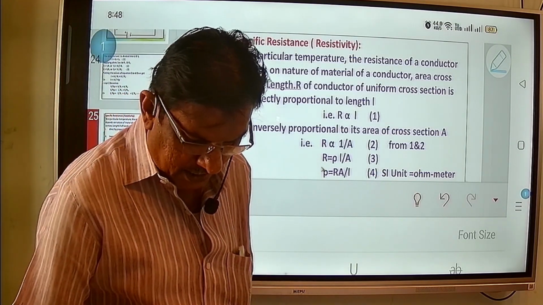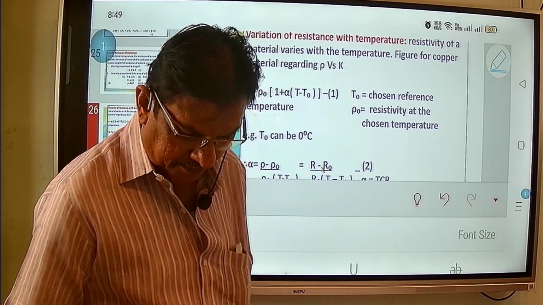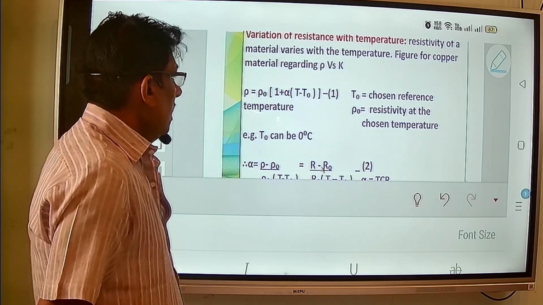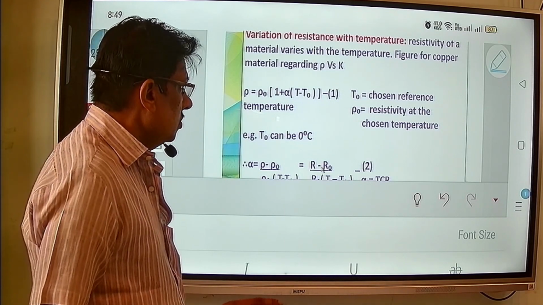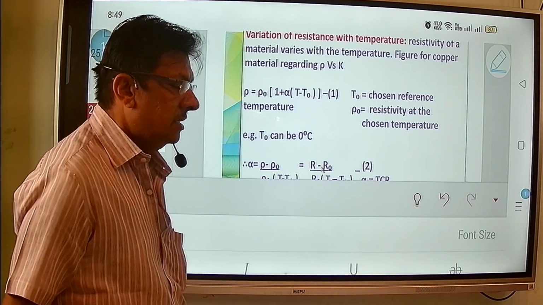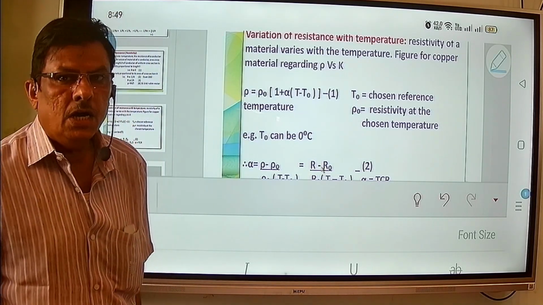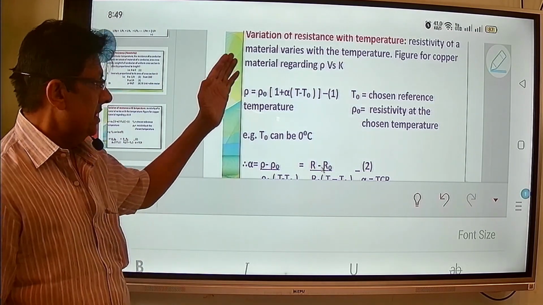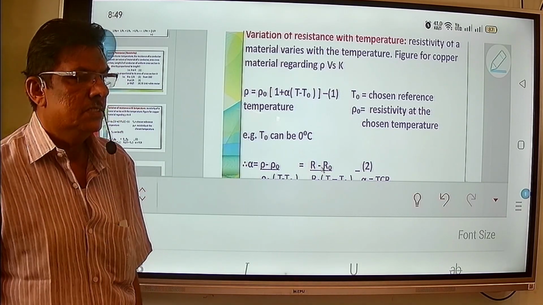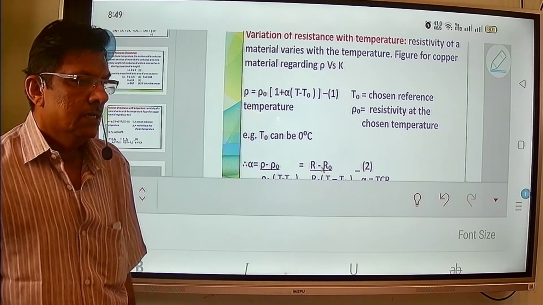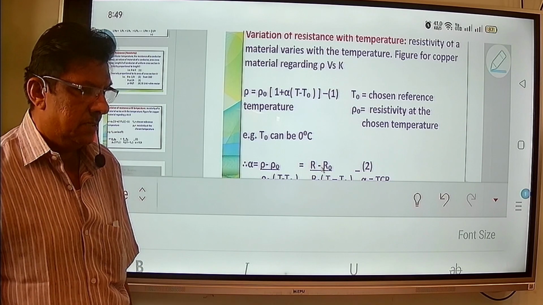Now we want to see, because the task of resistivity is over now, we want to focus on the new point, that is variation of resistance with respect to temperature, because it is very important for us, because our design of the resistance should be long lasting.